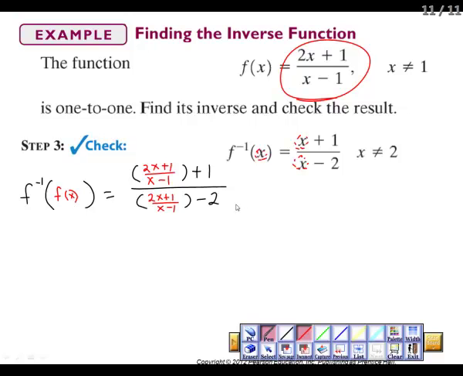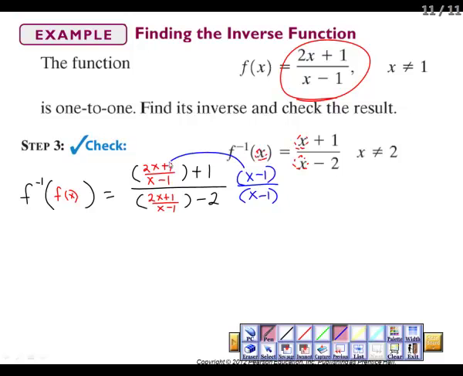Well, we've got to get rid of that denominator, right? So what do we do there? You should have said we're going to multiply something over something. We're going to multiply the x minus 1 over x minus 1.